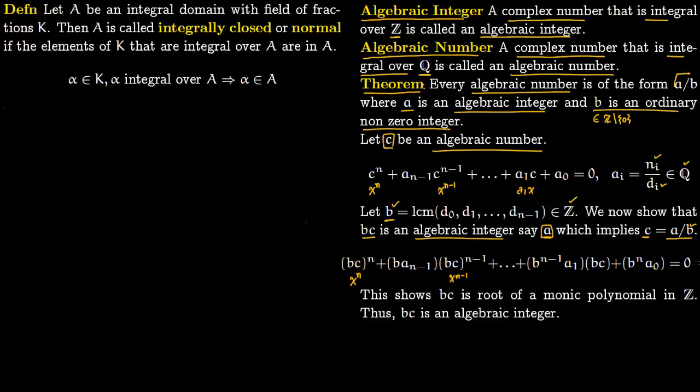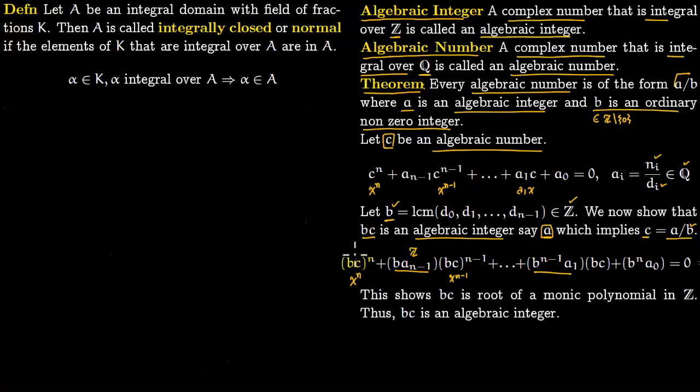First thing you notice is that b a_{n-1} is an integer, because b is the least common multiple. If you multiply b with a_{n-1}, the denominator will cancel out, so you get an integer. Similarly, every term here is an integer. This is obviously an integer because b to the power n is an integer. So all these are integer coefficients.